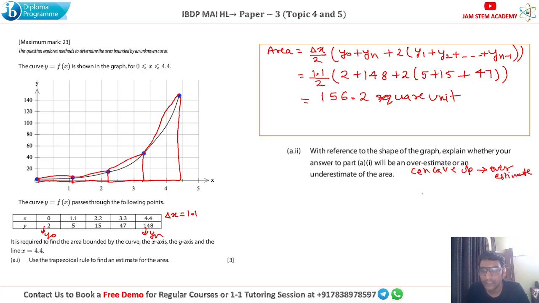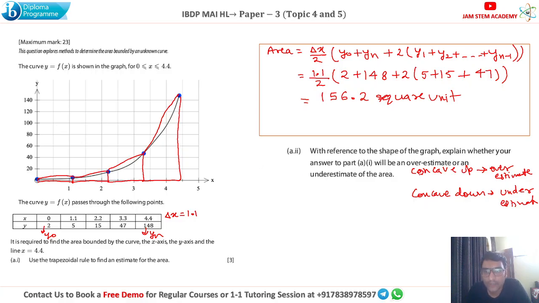And if the shape is concave down, then the area comes out as underestimated. Means if the area that we calculated is more than the actual value, then it is overestimated. If the area that we are getting using trapezoidal rule is less than the actual value, then it is underestimated.